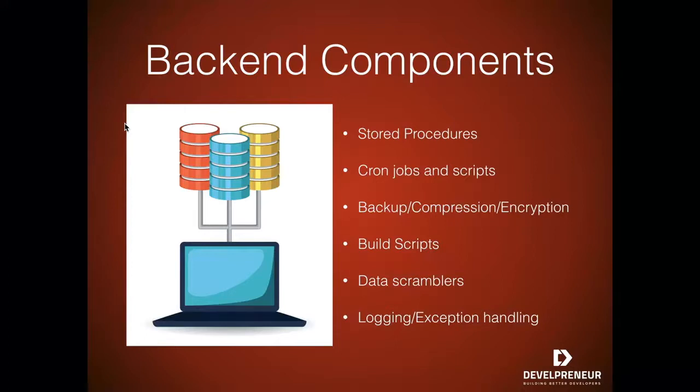Data scramblers are something I've run into a couple of places, and they tend to be very useful, particularly depending on certain clients. If you're in healthcare or anywhere where you've got highly sensitive data, what we run into a lot in those situations is that you've got a development or a test environment, and you're trying to simulate the production environment, but you just don't have the same amount of data that production's working with.